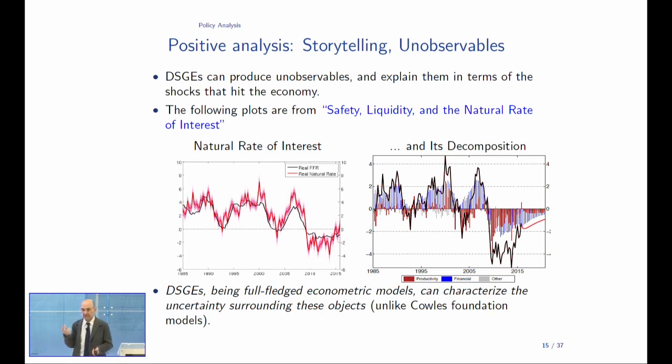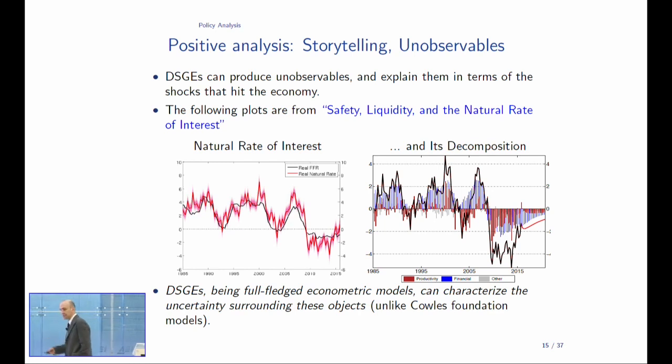But the DSGE model, the whole point of it to some extent, is to interpret the data and tell you what it thinks it is, right? And so what I'm plotting there on the left-hand side is just the history of the real natural rate of interest together with the real federal funds rate, over the whole estimation sample.